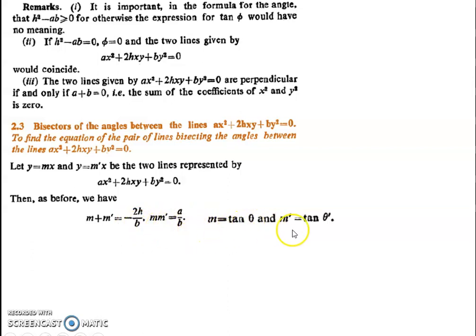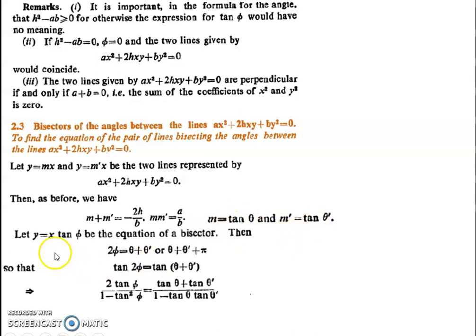So m is equal to tan theta, m dash is equal to tan theta dash, and let y is equal to x tan phi be the equation of a bisector. Be very careful, note this line very carefully. Then 2 phi is equal to theta plus theta dash, or theta plus theta dash plus pi.